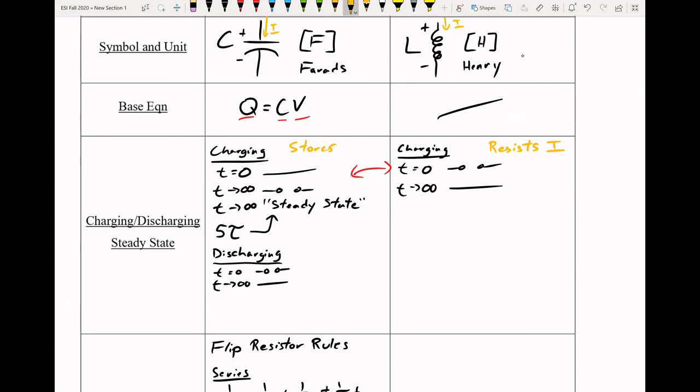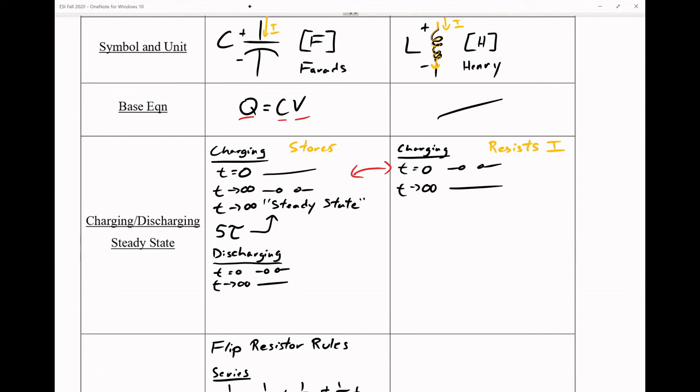So if we initially have current coming through this coil, it's going to take a long time to pass through, and it acts like it's resisting the flow of the current. But after a long period of time, you'll make it through to the other side, and you'll continue on with your current flow.